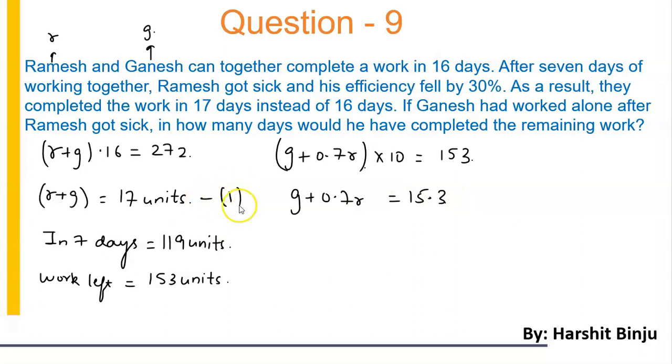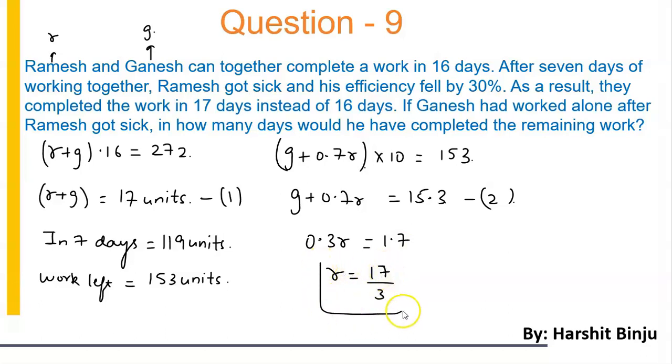This is equation 1, this is equation 2. You can subtract them. So R plus G minus G plus 0.7R, which is 0.3R, will simply be equal to 1.7, which means R is 17 by 3. Now, what's the question?